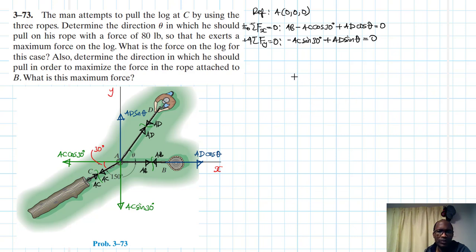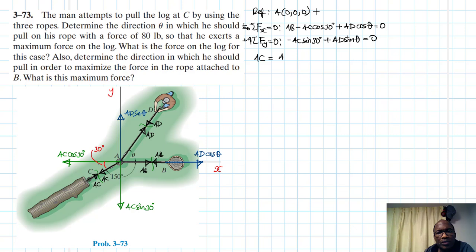Right, so we are going to make AB and AC subject to the formula. If we do so, then we have AC equal to AD sin theta divided by sin 30.